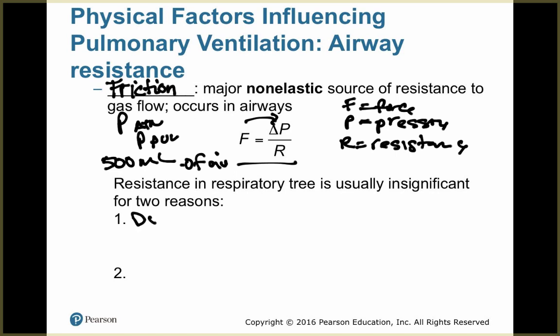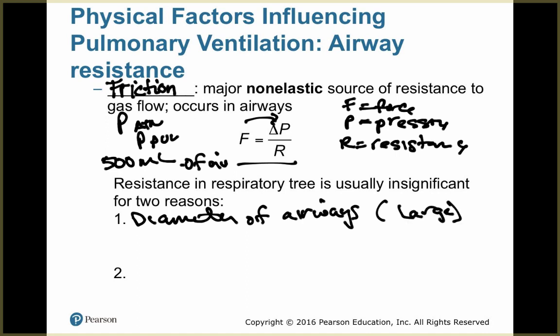It's because we're looking at the diameter of airways. And the diameter of the airways in the first part of the conducting zone is large. So we're not looking at a lot of resistance there, right?